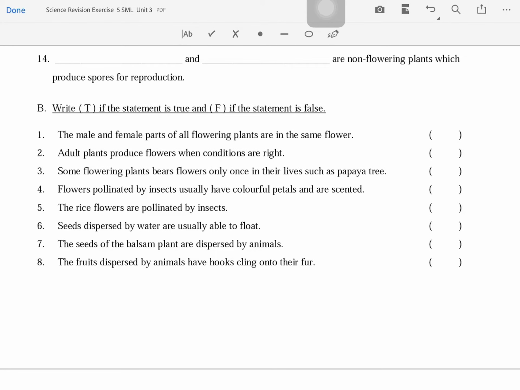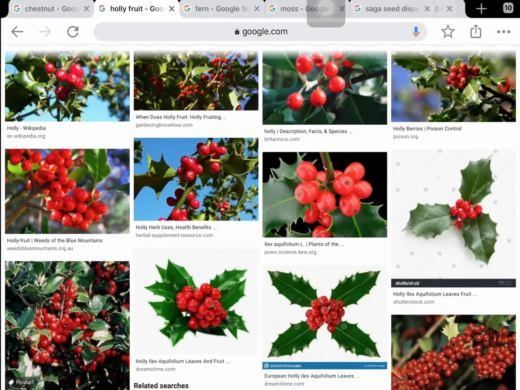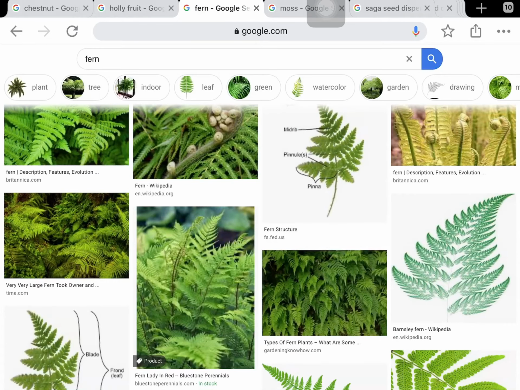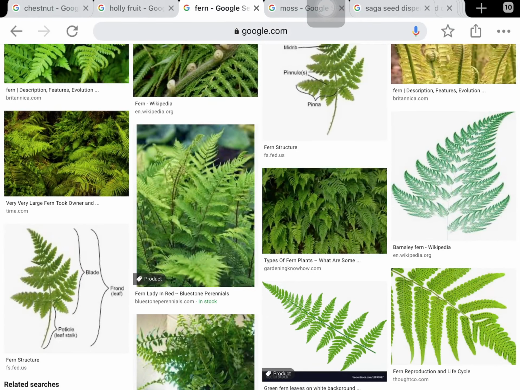Now in question number 14, so there is two type of non-flowering plant which reproduces spores for reproduction. So what type of plant is it? Okay, you can search it. First of all, ferns. Okay, ferns reproduce by producing spores.